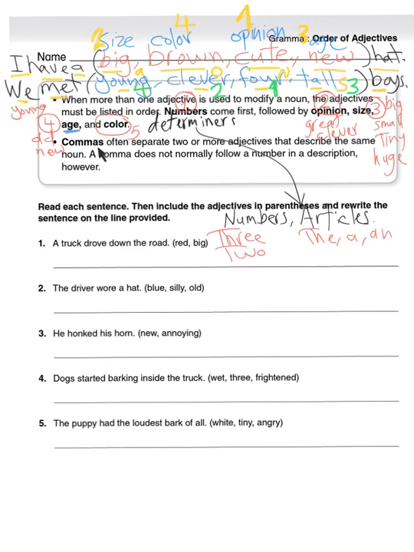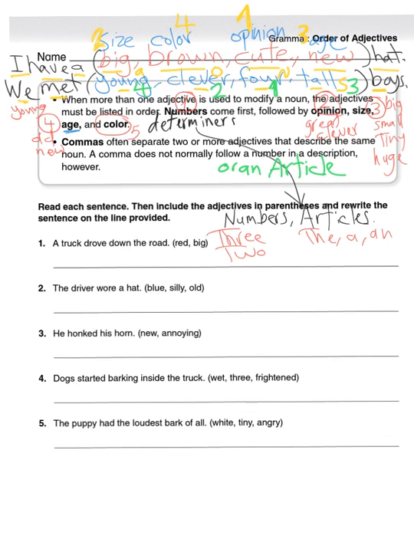It says commas often separate 2 or more adjectives that describe the same noun. A comma doesn't normally follow a number and a description, however. So here they said that a comma doesn't normally follow a number, and we may add a number or an article.